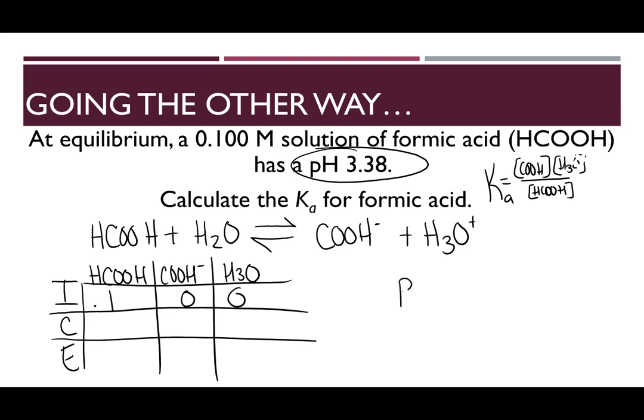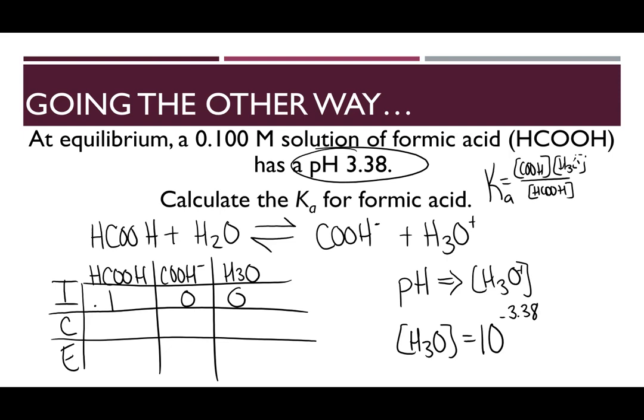So we need to go from pH to concentration of hydronium at equilibrium. So I'm going to take concentration of hydronium equals 10 to the negative 3.38. And our hydronium concentration is, I'm just going to write it right in the table, 4.16 times 10 to the negative fourth.